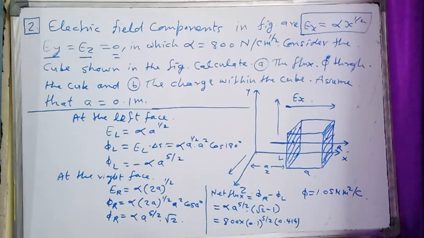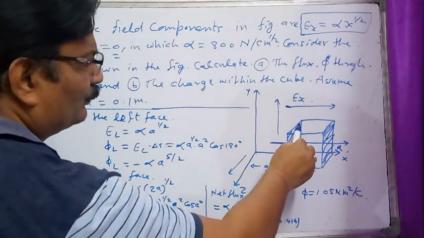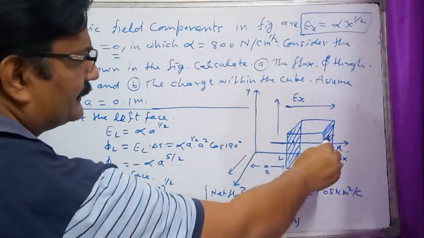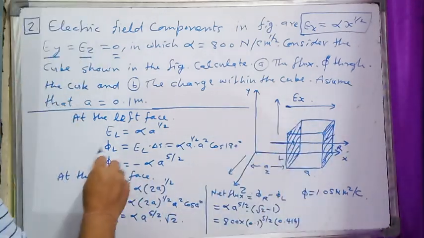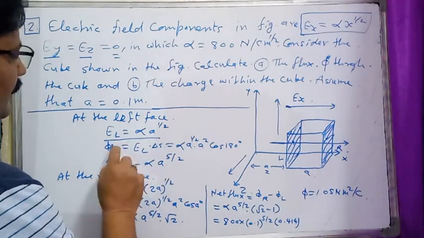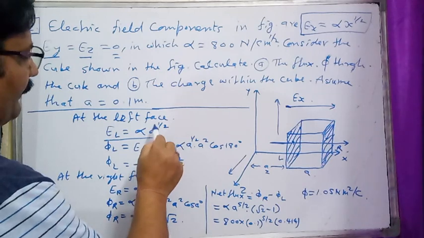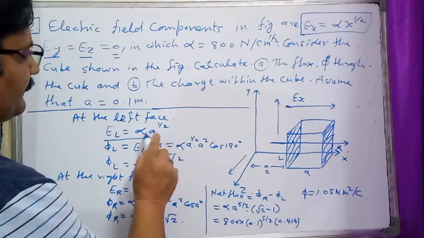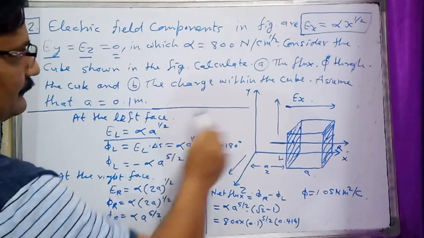So to solve this question, first of all we have to find what is going to be the value of electric field at two faces of the cube, at its left face and at the right face. So electric field at the left face of the cube is alpha a to power half, as value of x at the left face is a.